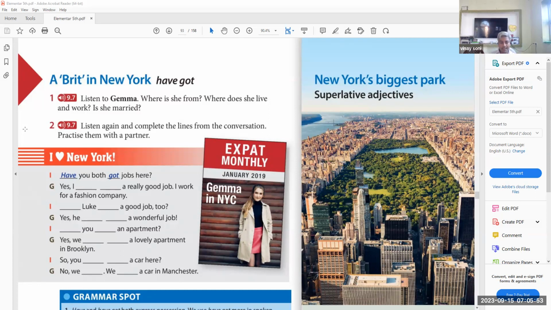But you should not write "he" and "has" as two words. You should write "he apostrophe s" in the first blank space. And in the second blank space, you should put the word "got." I'll show it to you.